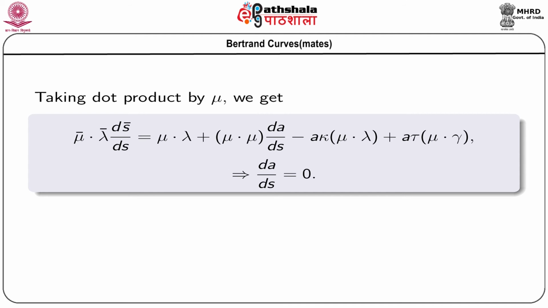Now, mu, lambda, gamma are all orthogonal, so mu dot gamma and mu dot lambda are 0. Therefore dA/ds is 0, because mu dot mu equals 1, and mu bar dot lambda bar is also 0. So, as dA/ds equals 0, we can claim that a is constant.